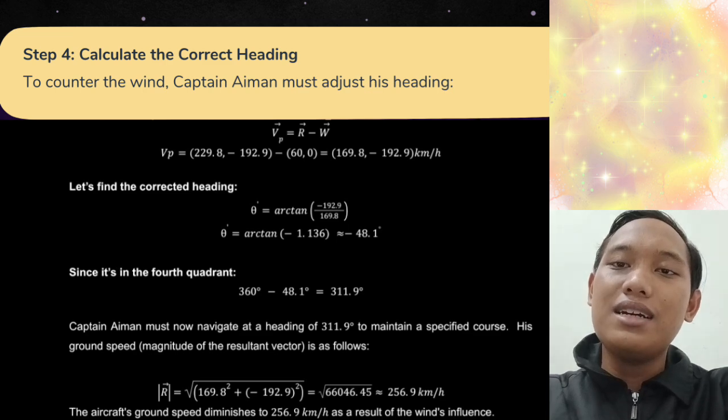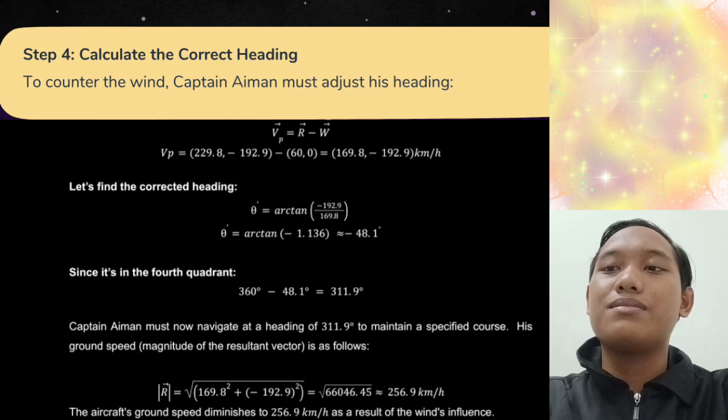Then the aircraft ground speed diminished to 256.9 km per hour as a result of the wind's influence.